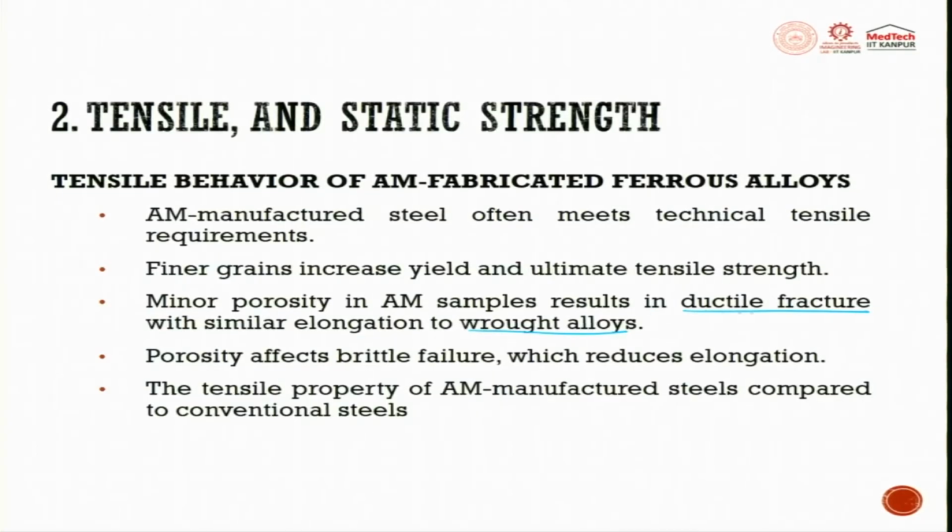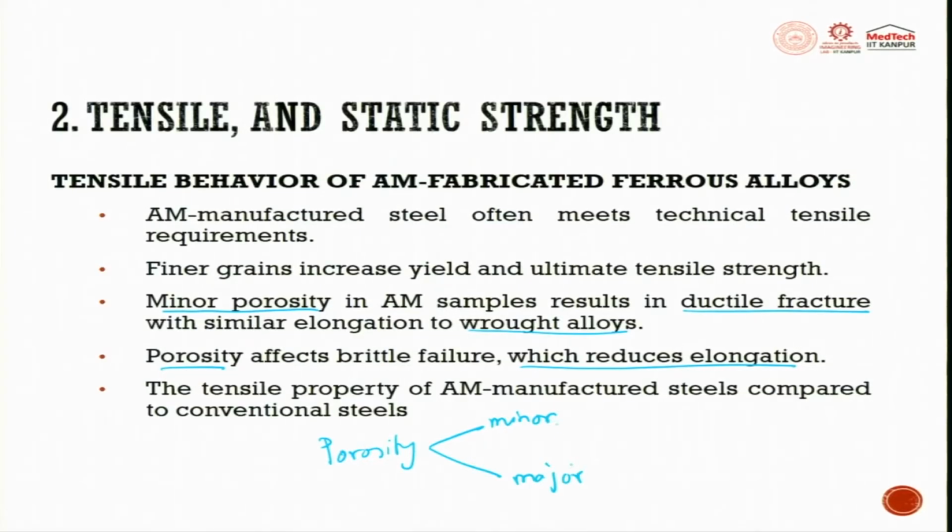Note a point: in tensile fracture, minor porosities will lead to ductile fracture with similar elongation to wrought alloys. Porosity affects brittle fracture, which reduces the elongation. So, I am classifying porosity into two, which is minor and major.